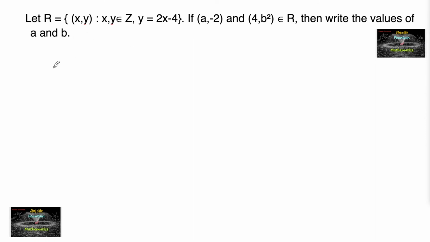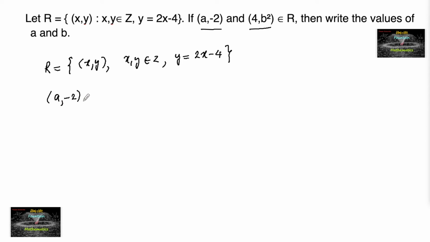Let R is equal to {(x, y)}, ordered pair (x, y) such that x and y are integers, (x, y) belongs to Z, and y is equal to 2x minus 4, the relation given. And if (a, -2) and (4, b square) belong to R, so (a, -2) belongs to R, which implies that we can substitute x is equal to a and y is equal to -2.